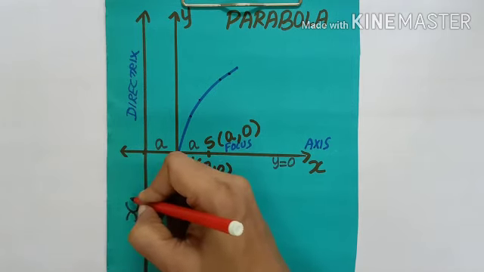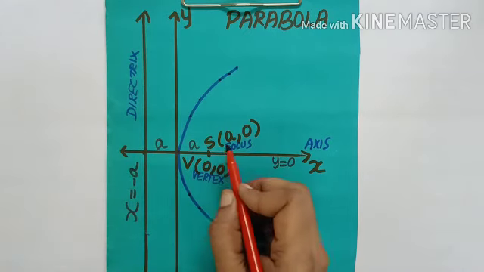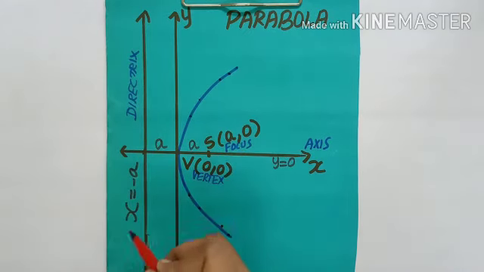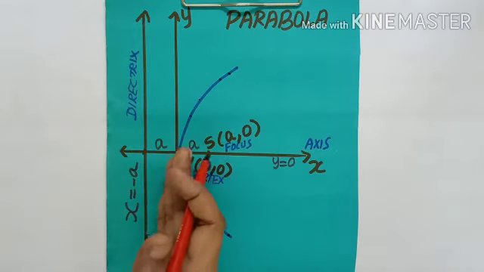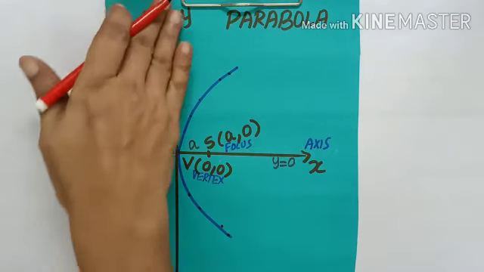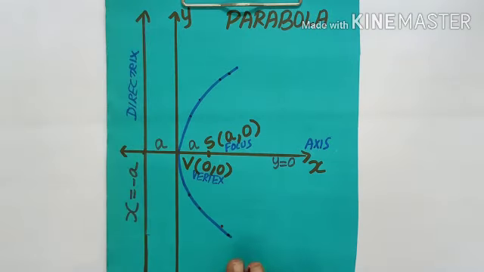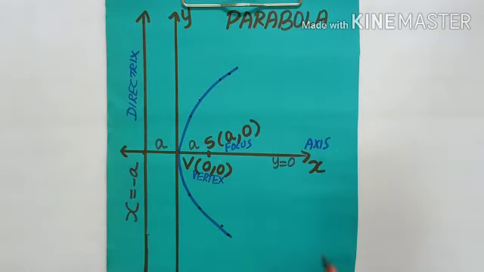I will say x is equal to minus a. If focus is plus a, directrix will be minus a. Focus is to the right and directrix is to the left, parallel to the y-axis. So this is how we draw a parabola. Remember, we say this is opening right.